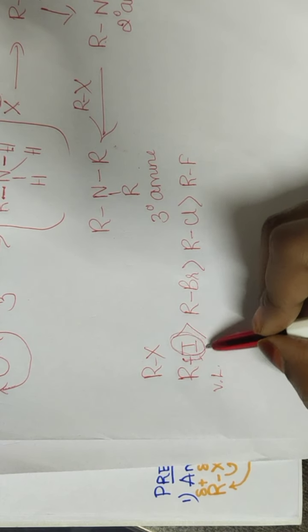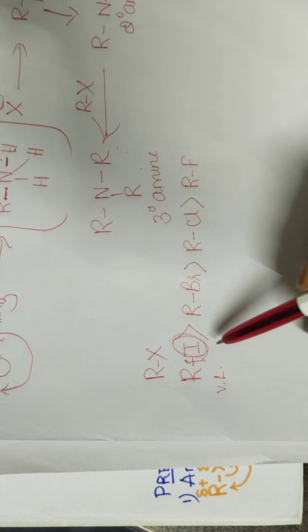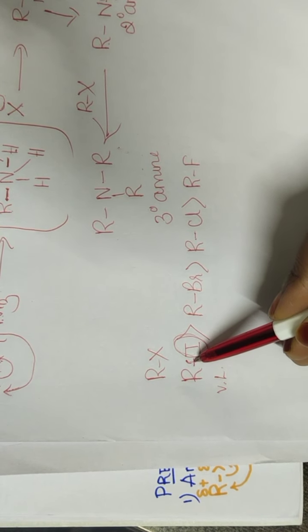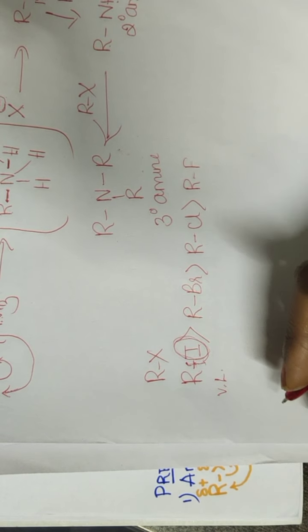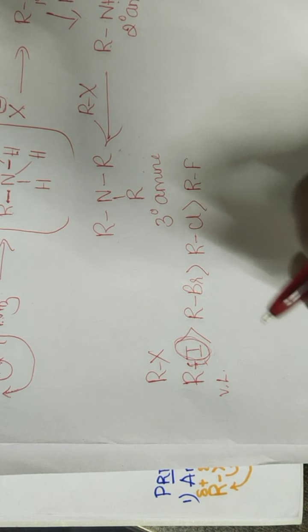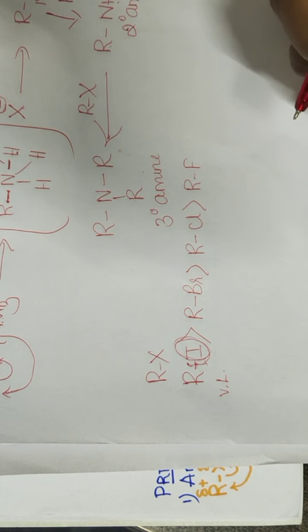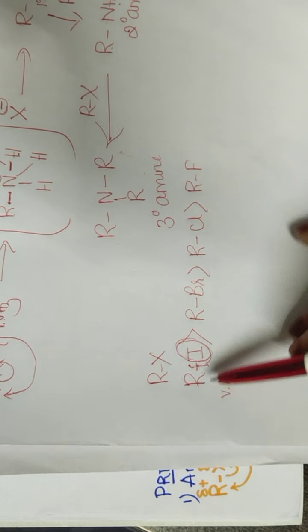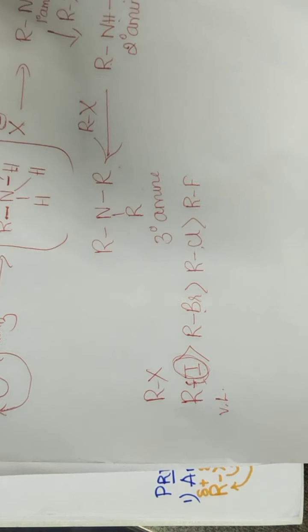Because of the bulky group. Iodine has a very bulky size which creates hindrance on the bond. So the bond enthalpy will be very low. The lower the bond enthalpy, the more quickly it will come out from the substrate molecule. Anything which leaves very quickly makes the reaction faster. So RI is followed by RBr, then RCl, and least in the case of RF.